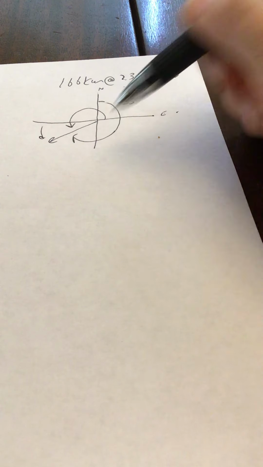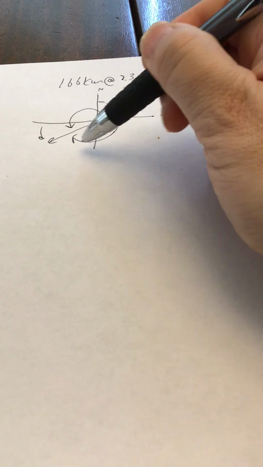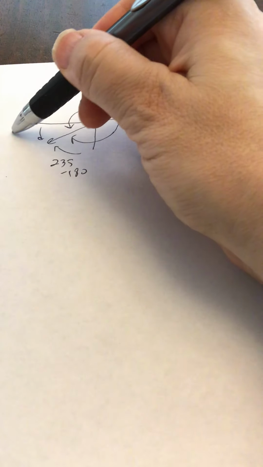Then you can figure out what this one is. So let me do that again. So this angle right here, if we wanted this angle, that would be 235 minus 180. If we wanted this angle, it would be 270 minus 235, right? 270 minus 235.